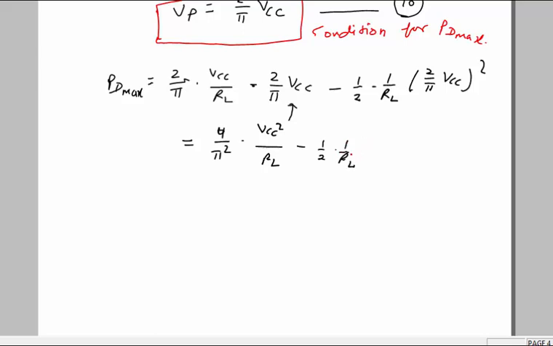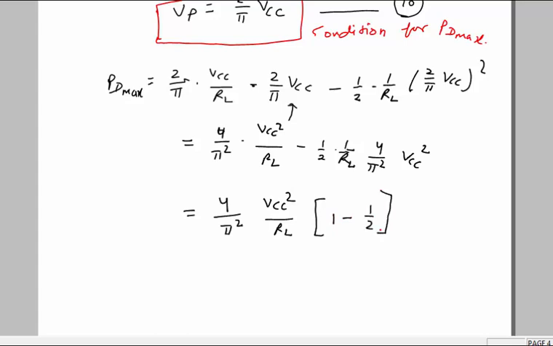Okay, and then we make the square, what will we get here? 4 by pi square VCC square. Okay, now from here let us take common 4 by pi square VCC square by RL, and what we'll get here is 1 minus 1 by 2.